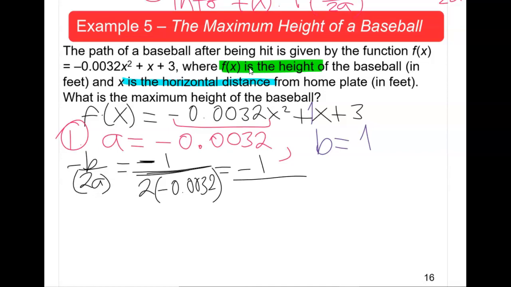Okay, so this is negative 1 divided by... I'm going to go ahead and multiply this, so it will be negative 0.0064. Now I'm going to go ahead and divide, and because I'm dividing two negative numbers, I am going to get a positive.